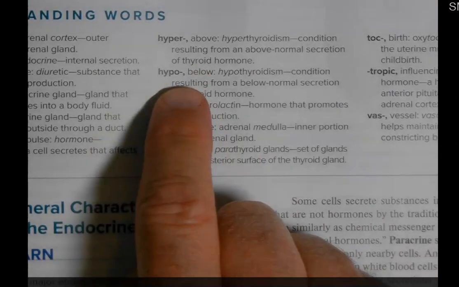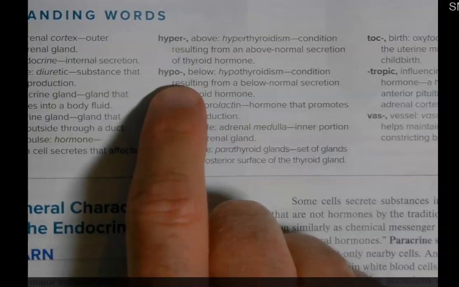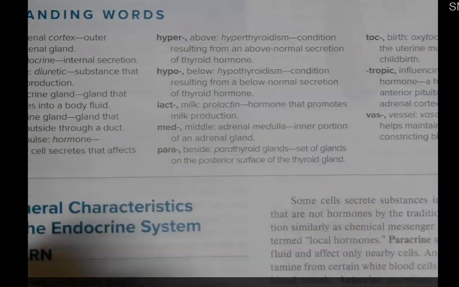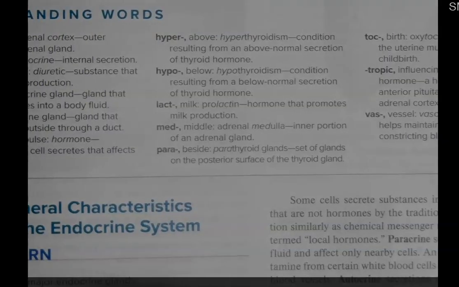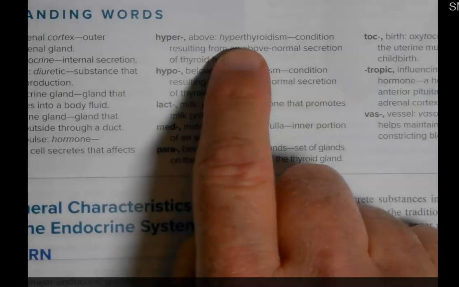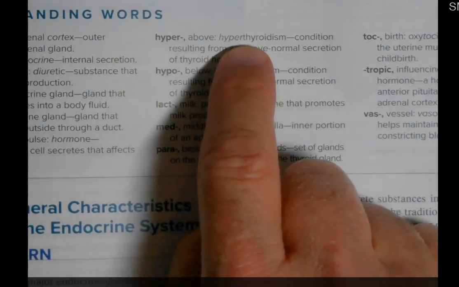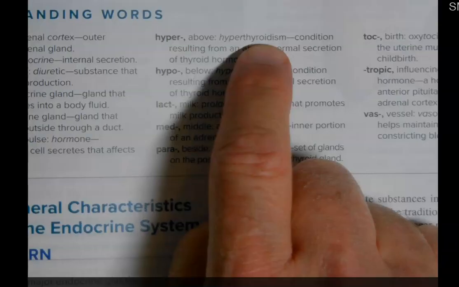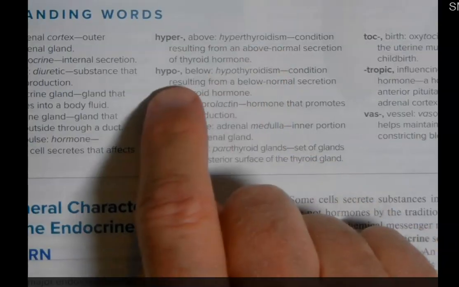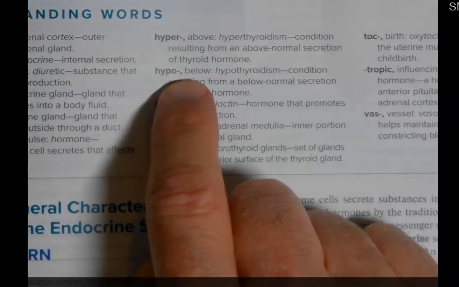Hyper and hypo, I would think you would already be familiar with these. Hyper means above or extra. We talk about a child possibly being hyperactive. Here we see as the example from this chapter, hyperthyroidism, where the thyroid gland is overactive. Hypo being the opposite, meaning below, beneath, less.